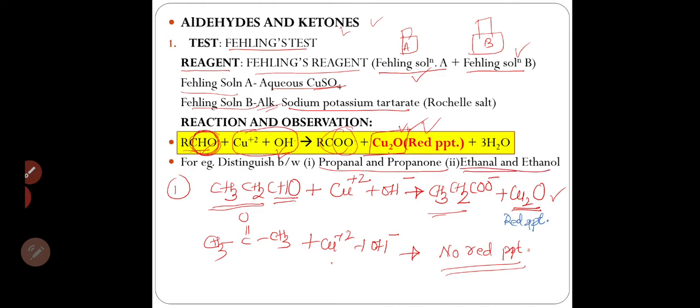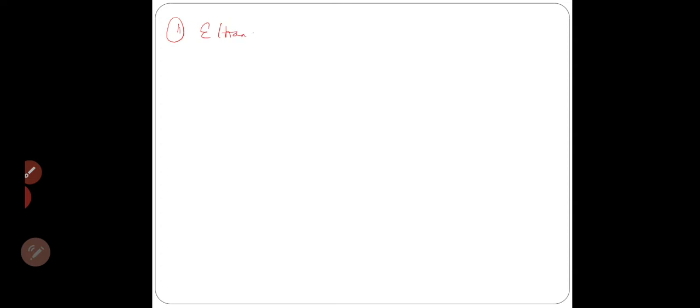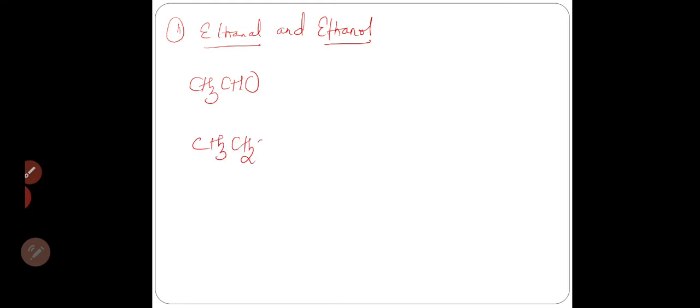Now next, number 2 is ethanal and ethanol. Ethanal is your CH3CHO and ethanol is CH3CH2OH.